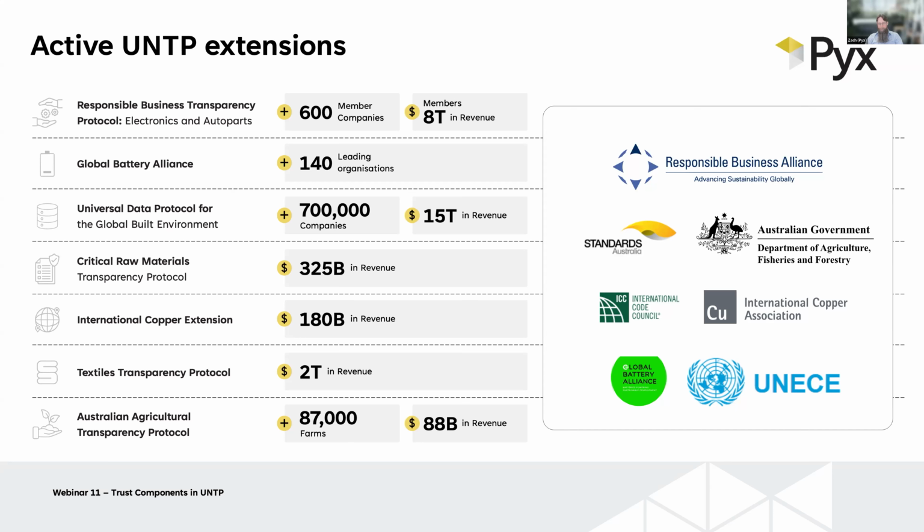And there are some key areas around the evolving energy transition, particularly around critical raw materials and batteries and electronics and auto parts components. Those are big pieces of the energy transition, as well as some work in textiles and agriculture.